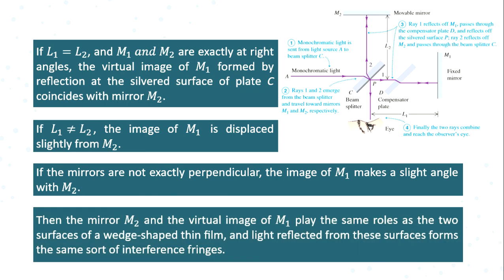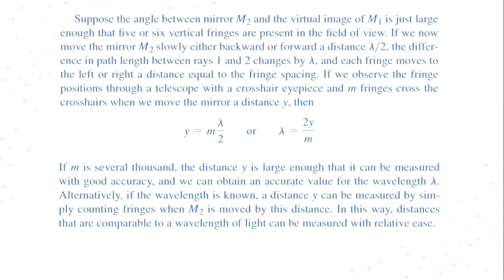Then the mirror M2 and the virtual image of M1 play the same roles as the two surfaces of a wedge-shaped thin film, and light reflected from these surfaces forms the same sort of interference fringes. Suppose the angle between mirror M2 and the virtual image of M1 is just large enough that 5 or 6 vertical fringes are present in the field of view.